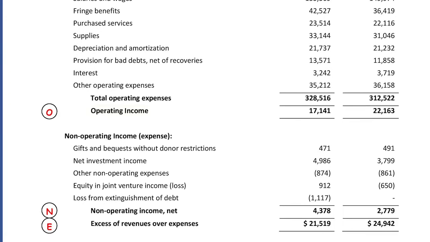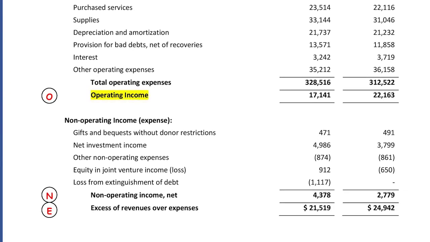The O is operating income. The second N, non-operating income. And all these get us to the E of none, excess of revenues over expenses. And right there, performance indicator.